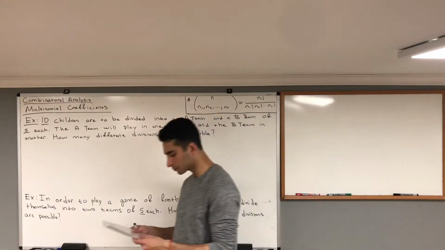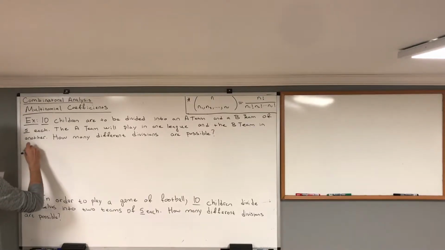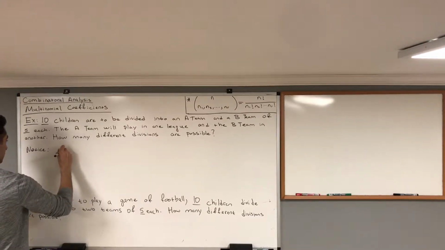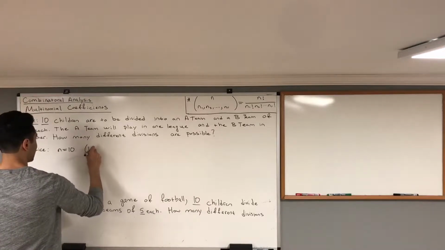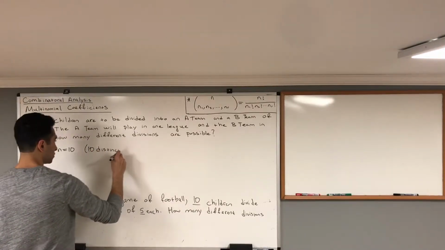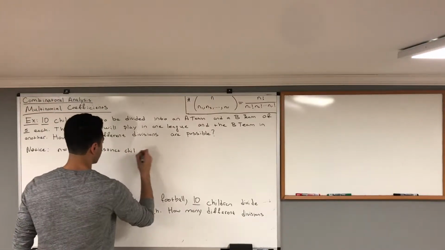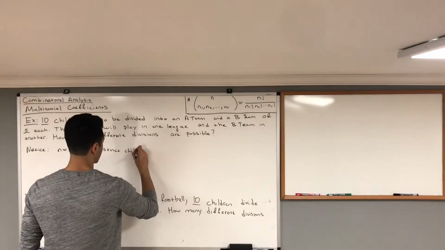Well, notice that for this problem my n is 10, right? Because this is 10 distinct children. Even if two of them are twins, they're still distinct. So 10 distinct children.